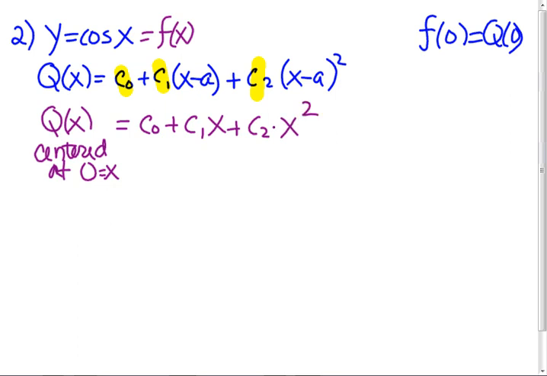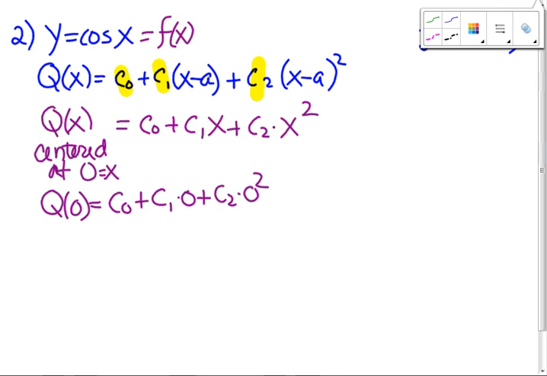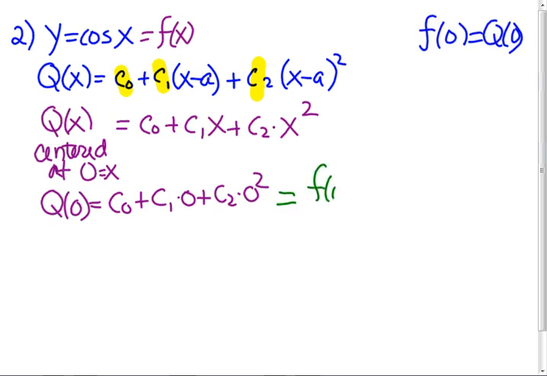So what's q of 0? It's c0 plus c1 times 0 plus c2 times 0 squared. And I know that has to equal f of 0. So what's this going to simplify to? c0.